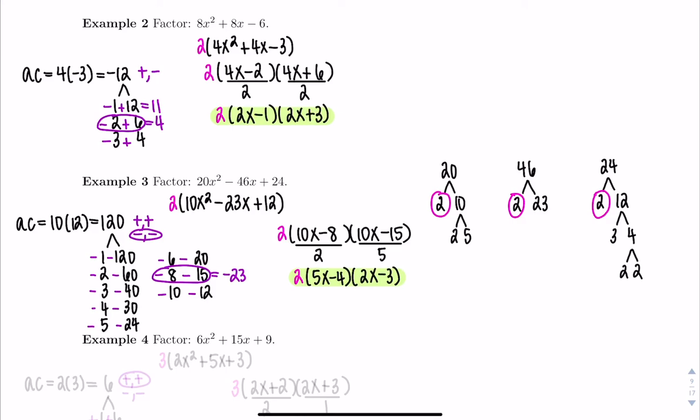And the last one. We've got 6x squared plus 15x plus 9. Always your first step is that greatest common factor, which in this case we can pull out a 3. And we're left with 2x squared plus 5x plus 3.